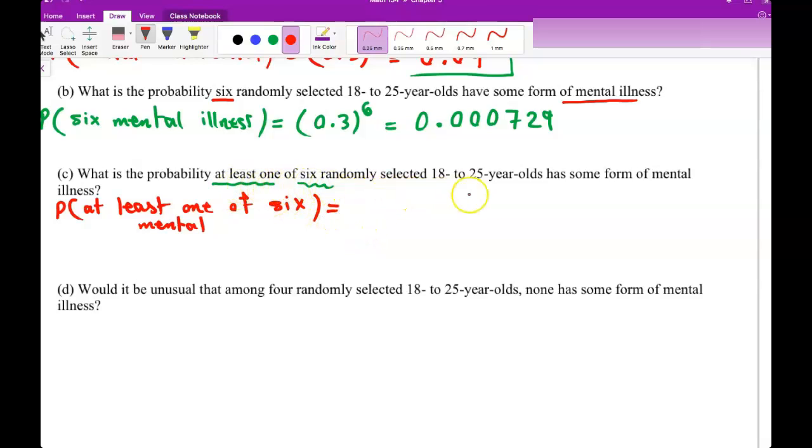So at least one of 6 has some form of mental illness.